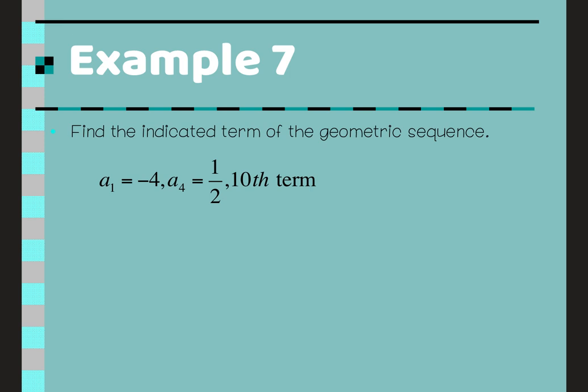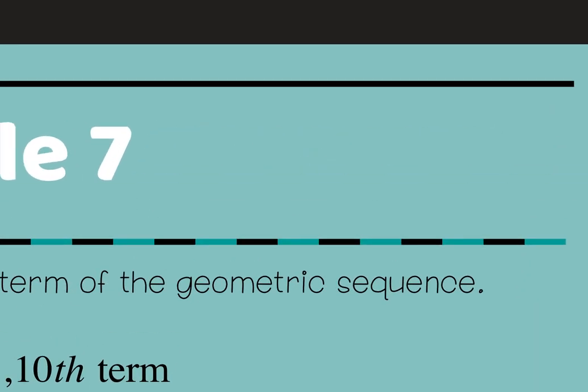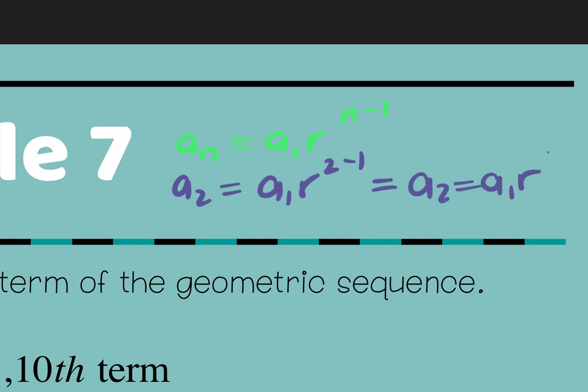So the first thing is that our equation, a_n equals a_1 times r to the n minus 1. If you think about the relationship between these things, if I wanted to find a_2, this would be a_1 times r to 2 minus 1, and that becomes a_2 equals a_1 r to the 1st, if I simplify it.